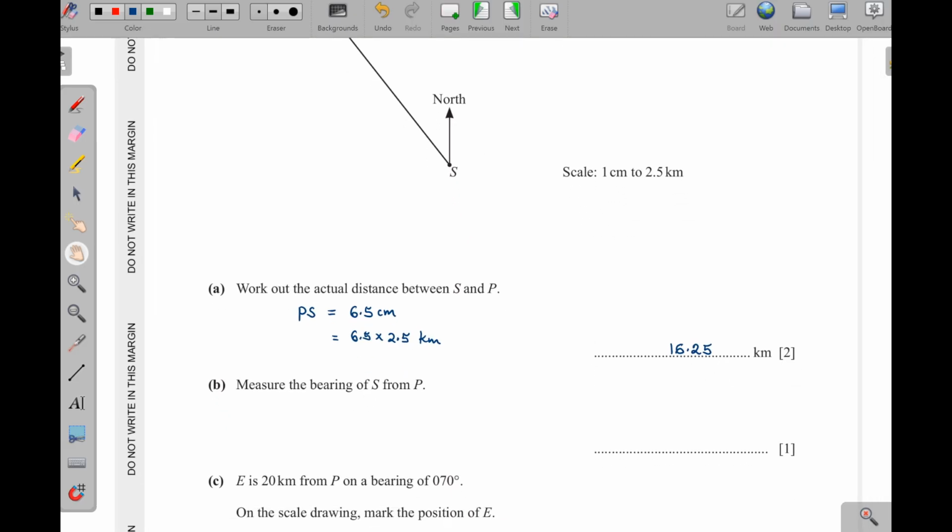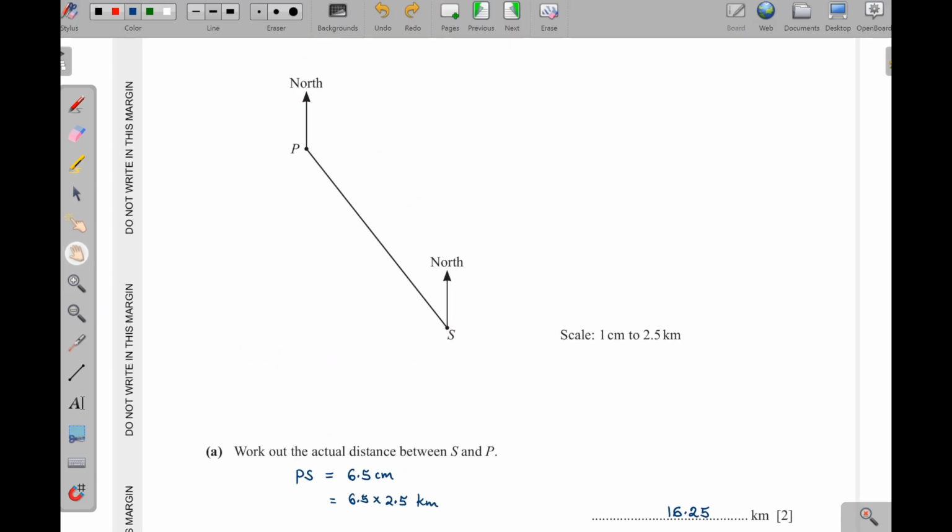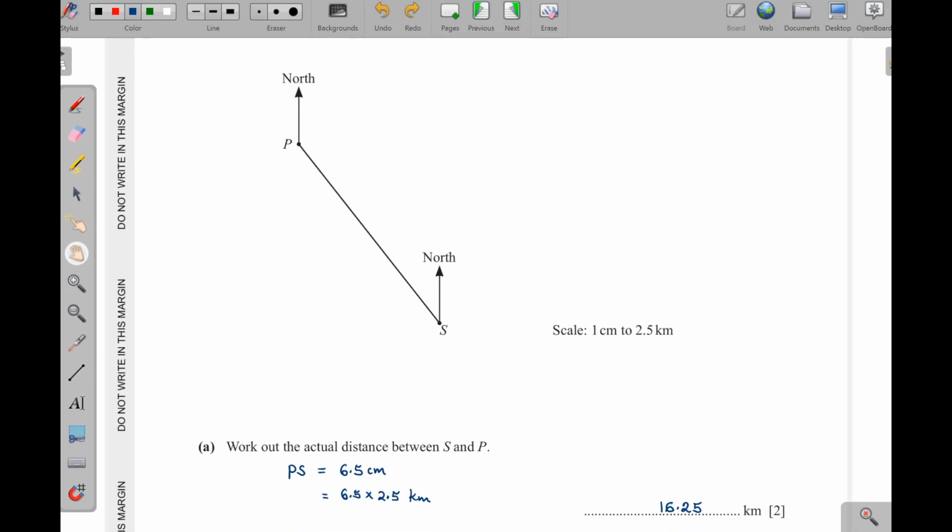Then part B, measure the bearing of S from P. Mark this point from P, so you go to P. Now for bearings, for them they remain, okay? It is only these lengths which change, because here the principle that is being applied is the one for similarity of figures.